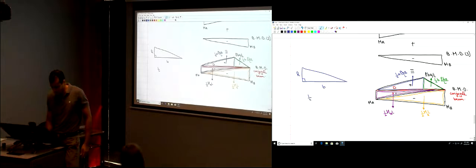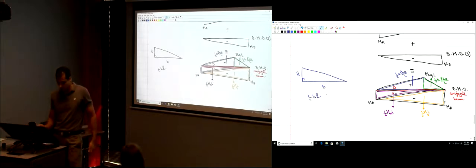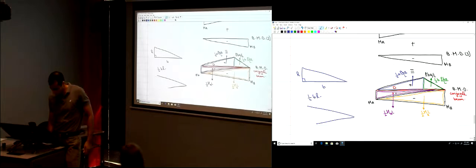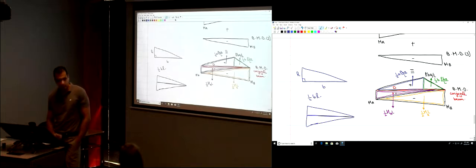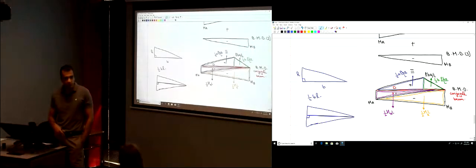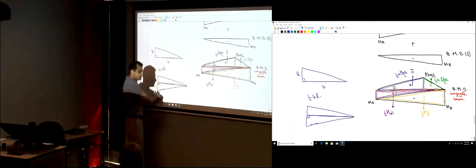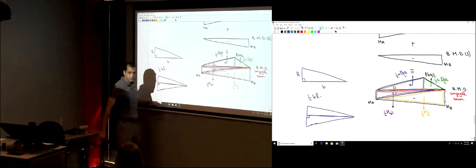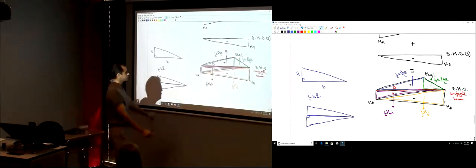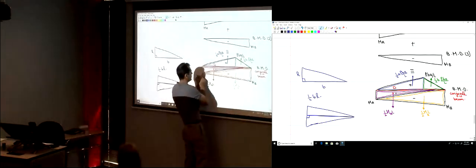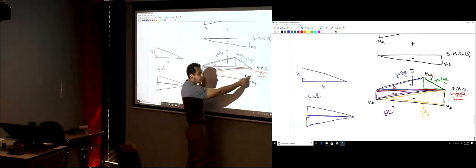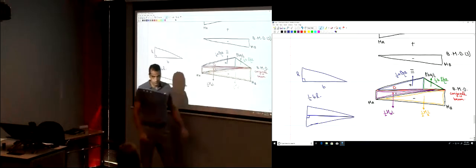If you have a triangle that doesn't have a right angle, you draw a perpendicular line on the base. You don't use this length. This is the base, and now this is the height. It has to be perpendicular to it. So I'm not using this length. I'm drawing a perpendicular line, which is L, and then multiplying it by the base, which is M.